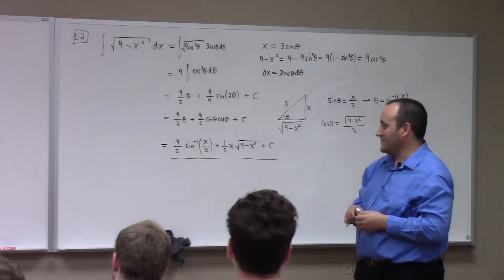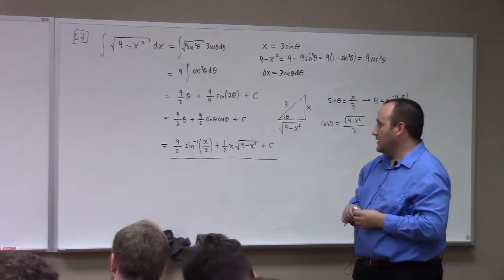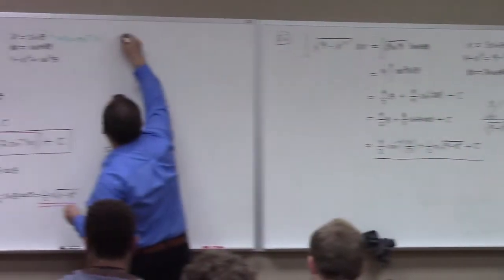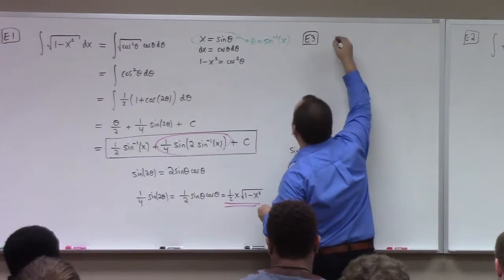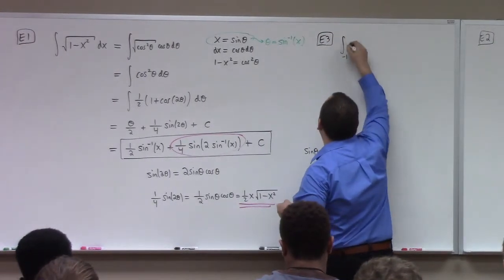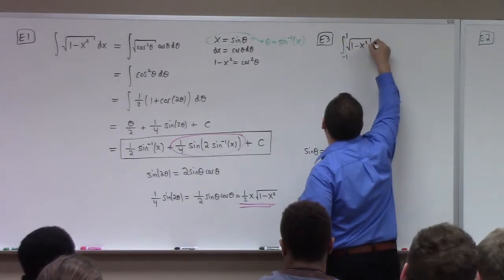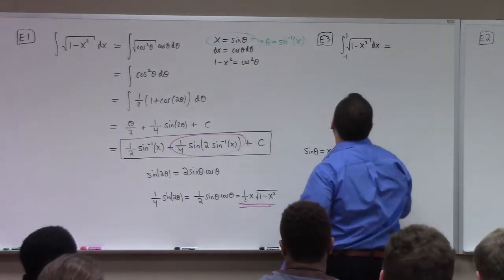So depending on what you mean. Let's see here. Oh, how about this? Example 3. Keep asking the questions. Good questions. What if I have the integral from -1 to 1 of the square root of 1 minus x squared dx? What's this equal to?